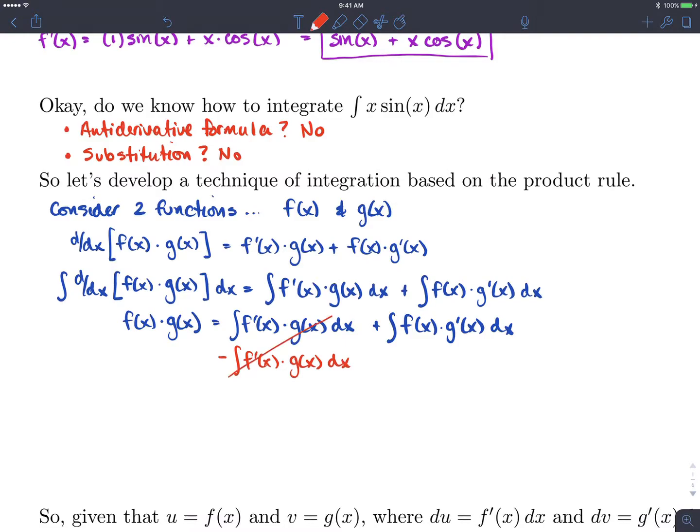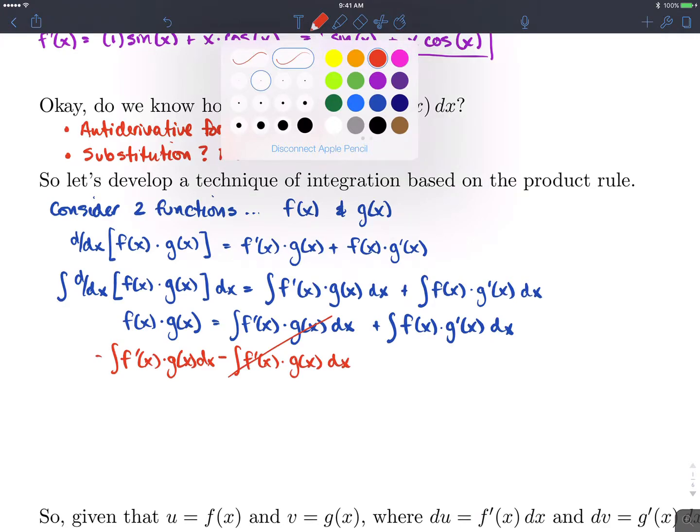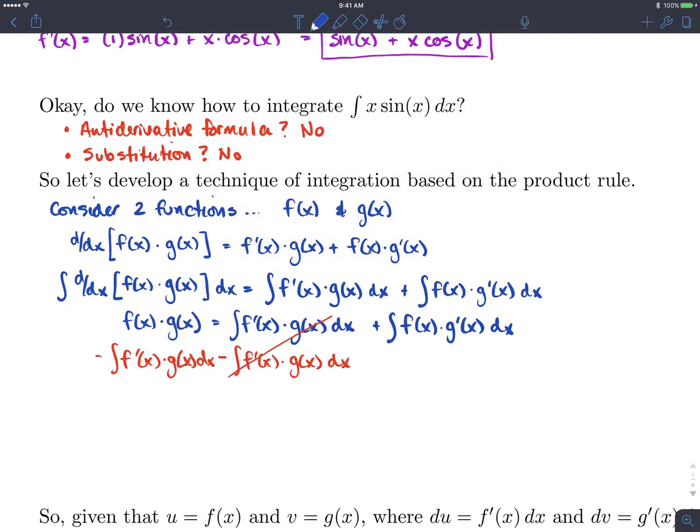So if I subtract it from this side, and if I subtract it from the other side, what we end up with is the following statement: f of x times g of x minus the integral of f prime of x times g of x dx is equal to the integral of f of x times g prime of x dx.